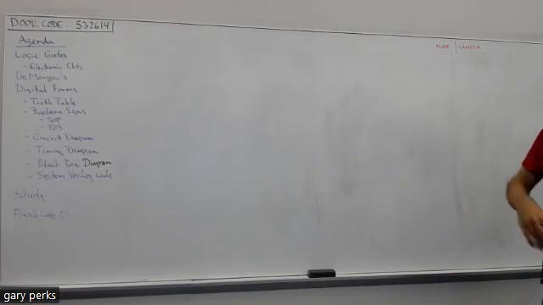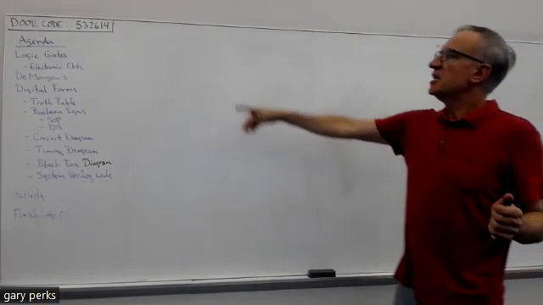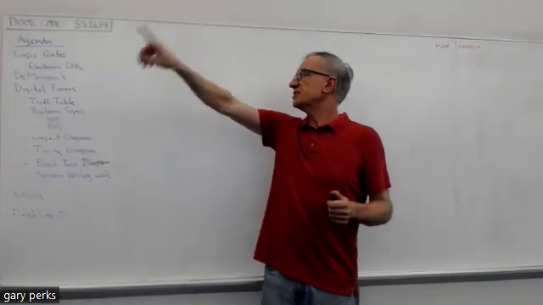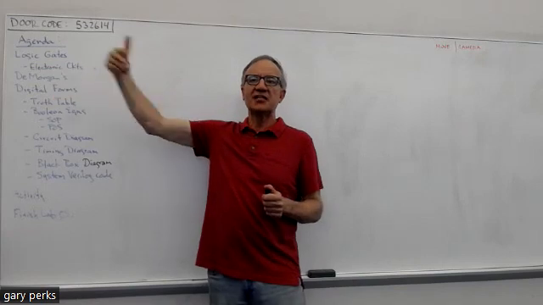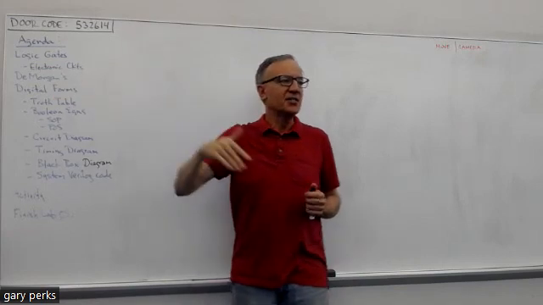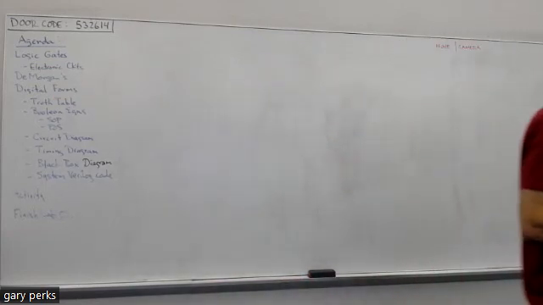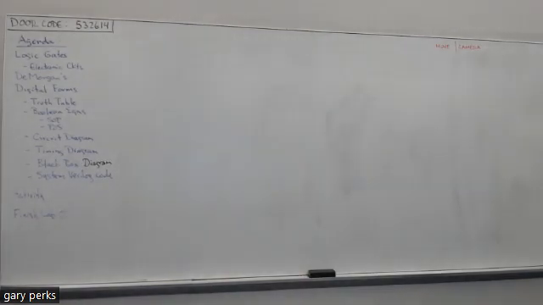Again, if you don't finish the lab during class time and you have to use our resources, this is the door code. As long as you can get in the building, you can get into this room at any time. During the week, I believe this building is open till 9. I think it opens at 6 in the morning and is open till 9 at night. On the weekends, Saturday, it's supposed to be open.